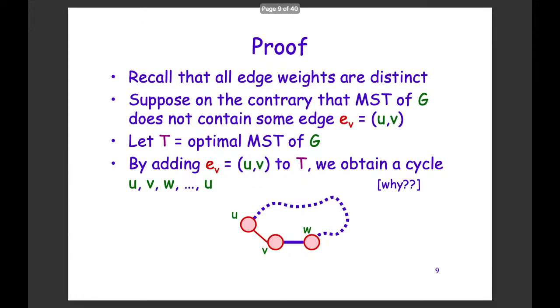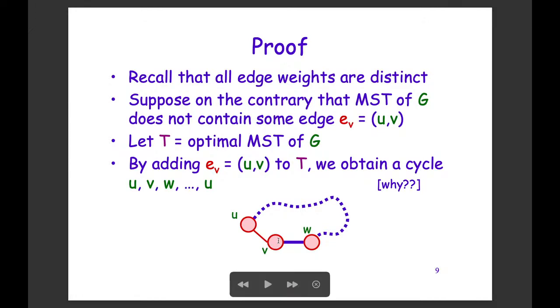The reason is actually very simple. We can prove this by contradiction. Let's focus on the vertex V, and say E_V is this edge UV. But suppose that this edge does not appear inside the minimum spanning tree.